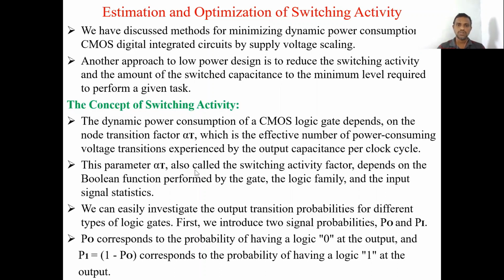This parameter alpha T is also called the switching activity factor. It is called that because the node transition is the node values changing, switching from logic 0 to logic 1 or logic 1 to logic 0. That's why it is called the switching activity factor or node transition factor.